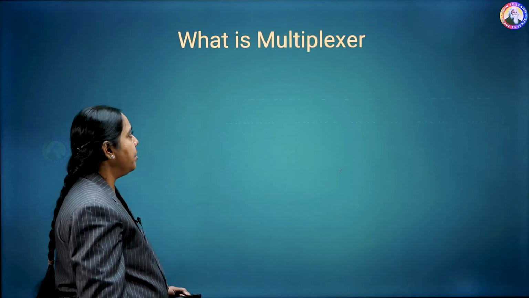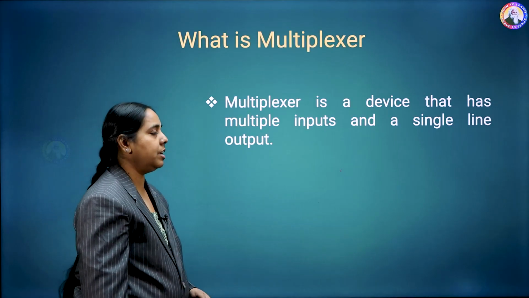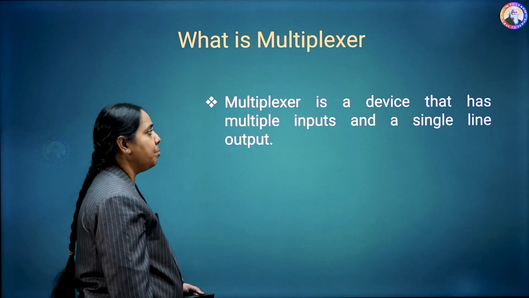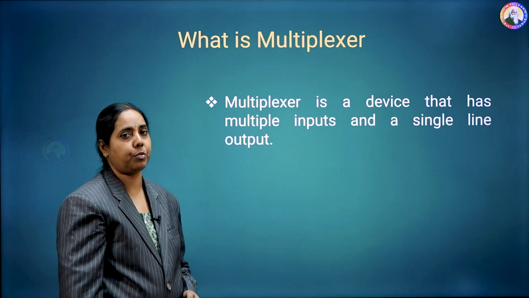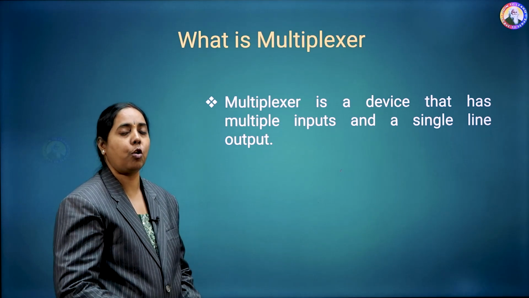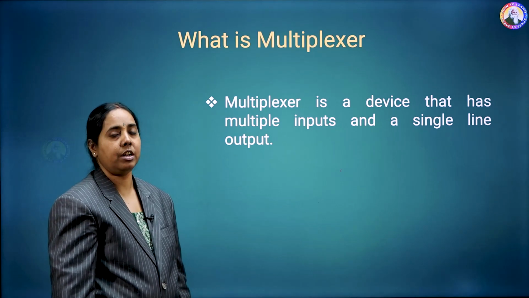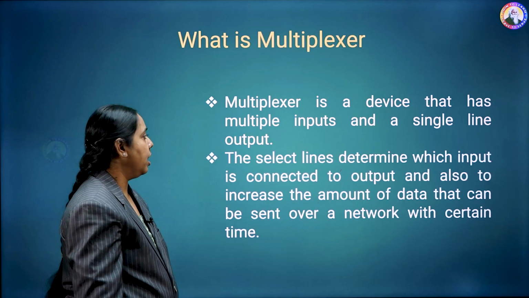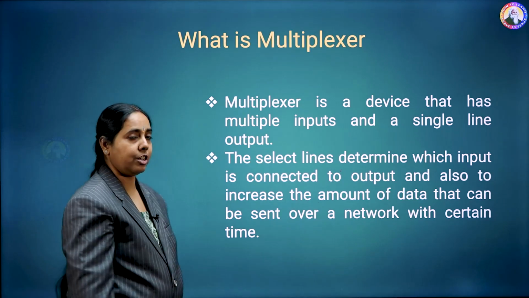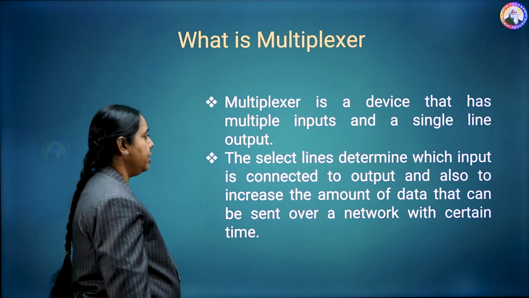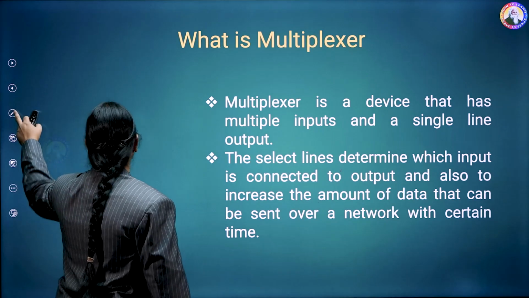So what is meant by a multiplexer? A multiplexer is a device that has multiple inputs and a single output. It is a combinational logic circuit that contains multiple inputs and only one output, and it will have selection lines.